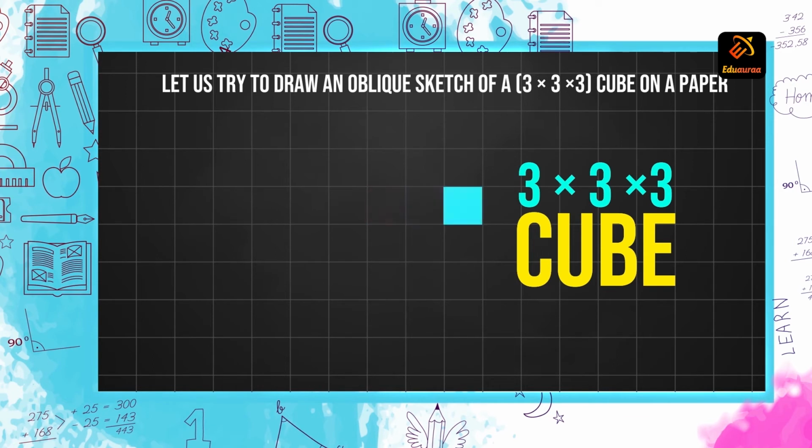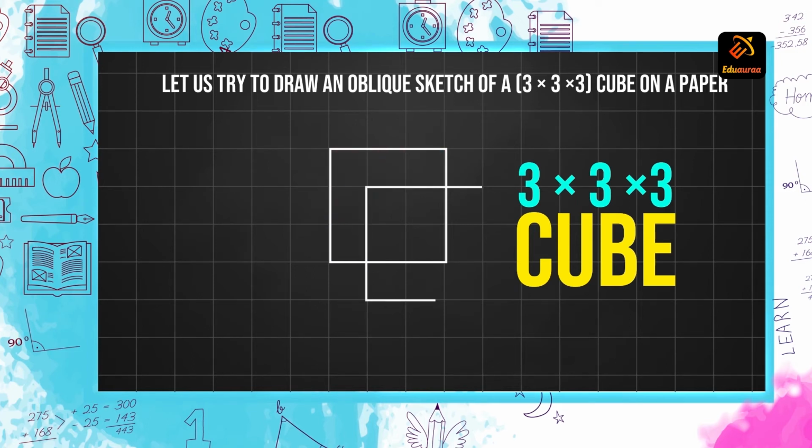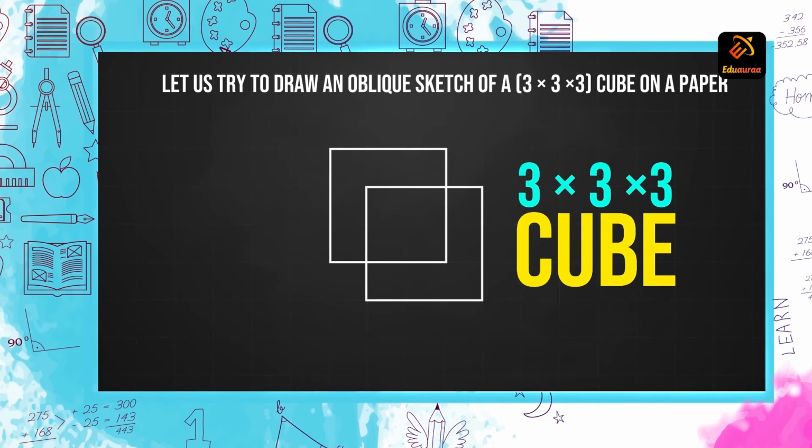Step 1. For sketching a 3 by 3 by 3 cube, take a squared paper. Step 2. Sketch the front face of the cube measuring 3 by 3 as shown. Step 3. Sketch the back face, which is offset with respect to the front face. Step 4.